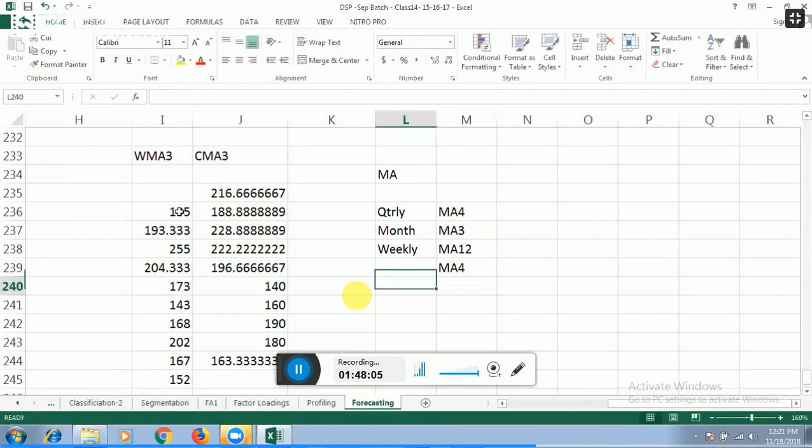If the data is daily, a moving average of 7 or 30 works better. So this is how you will impute, by taking the moving average of 7 or moving average of 30.